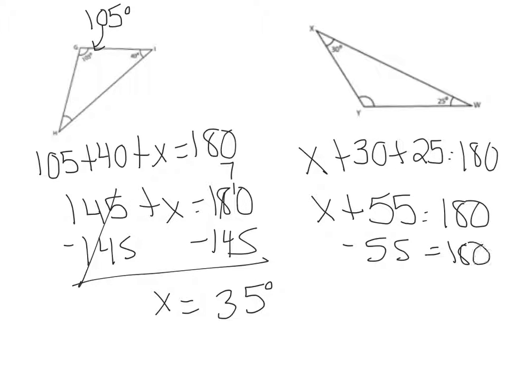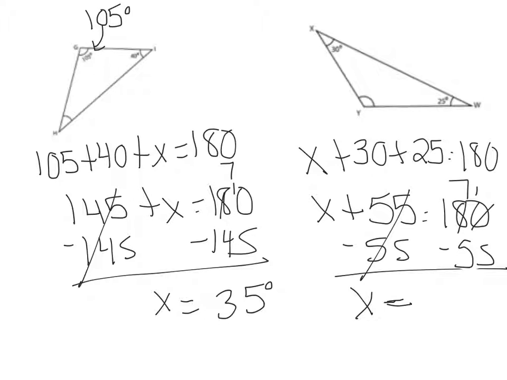These cancel, and I have x equals, whoops, let's back up for a second there. I forgot to subtract 55 from this side to keep it balanced. So x would equal, borrow, make this 10, this 7, make this 125 degrees.